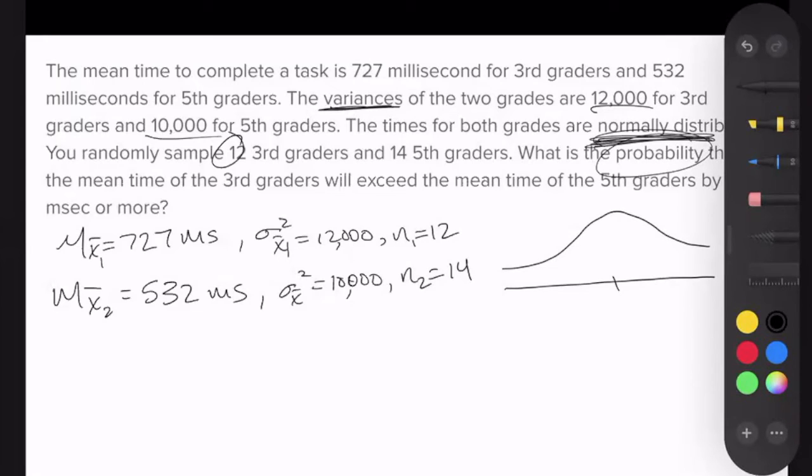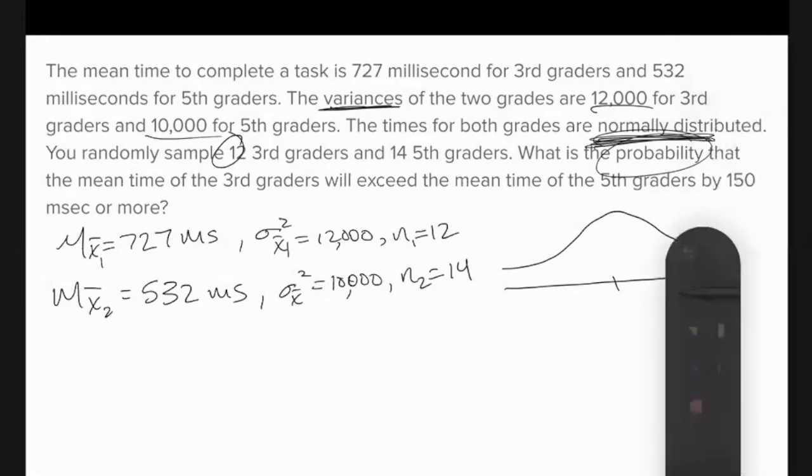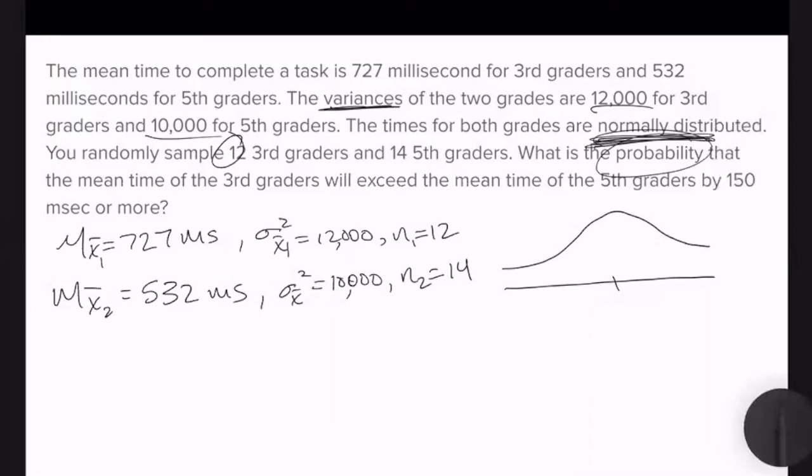Okay, and so this time we're looking to see what's the probability that the mean time of the 3rd graders exceeds the mean time of the 5th graders by 150 milliseconds or more.